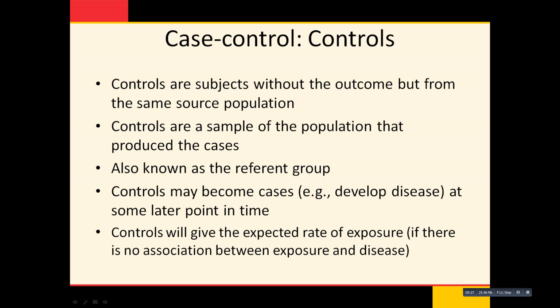They can also be called the referent group, and controls may become cases later on. And the controls will give the expected rate of exposure if there's no association between the exposure and the disease. So an important point with the control group in a case control study.